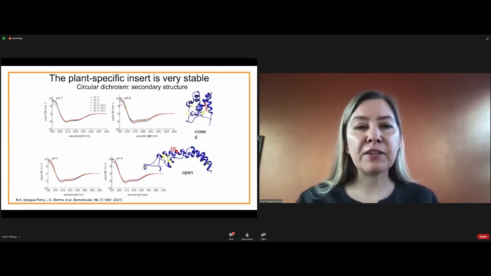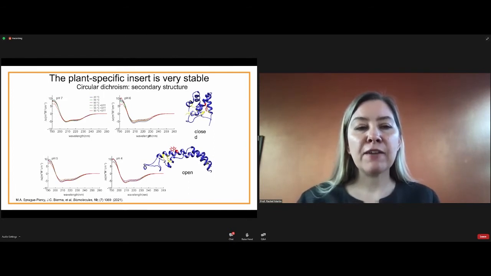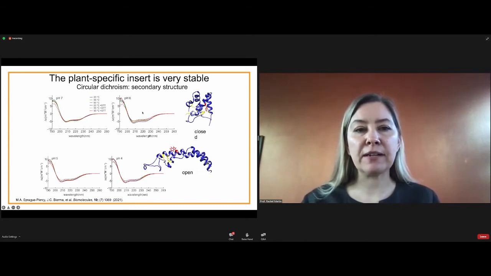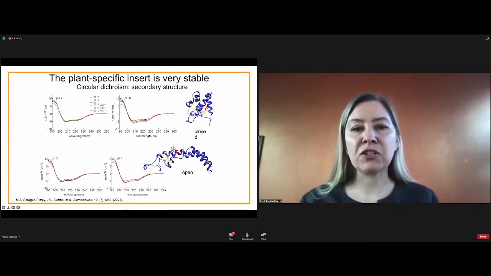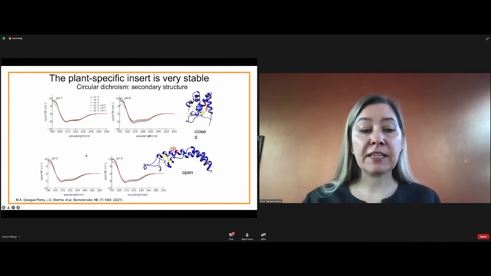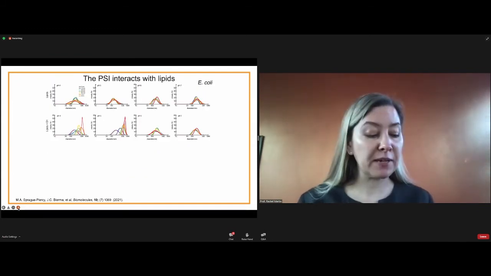And it turns out that you can heat it up to 90 degrees. You can almost boil the water and nothing happens to it. If you heat it up to 90 degrees in the presence of reducing agents, that's this dashed line, then at lower pH, eventually it starts to show some effects, but this thing is incredibly stable, which is good. That's a feature you want in an antimicrobial peptide.